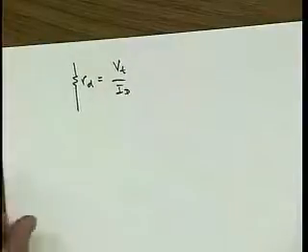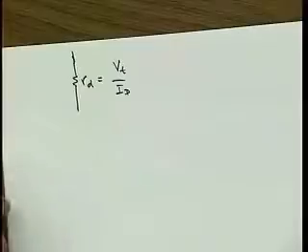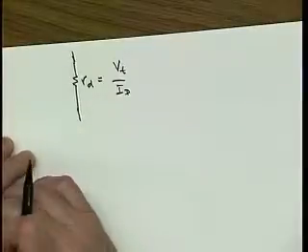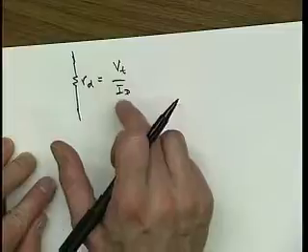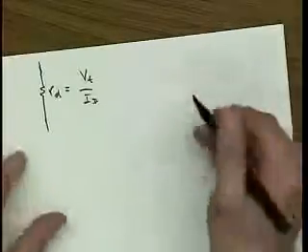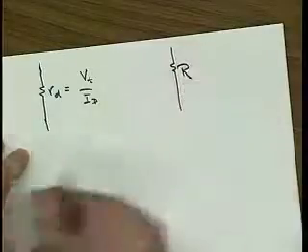That's the equivalent resistance of our diode. Then on the other hand, here we have our resistor. That's just the value R.